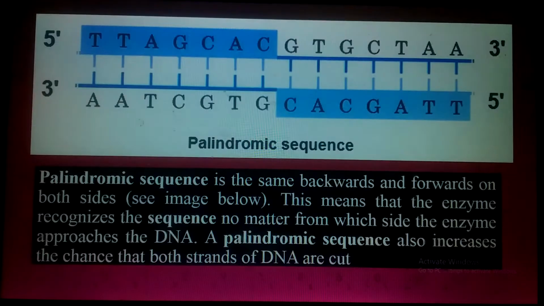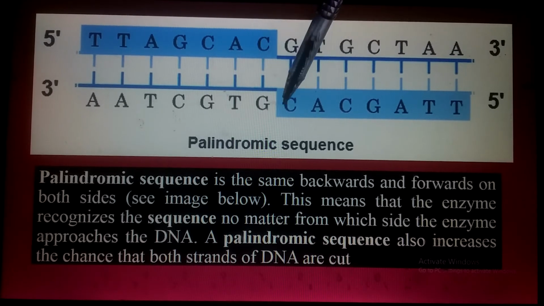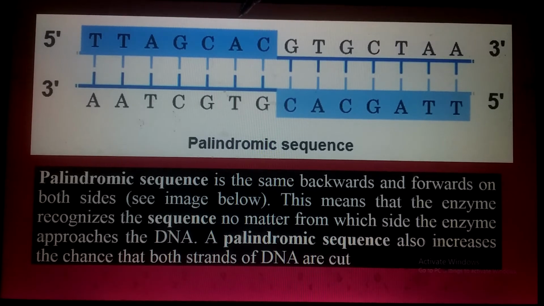Now I'm showing you here how I'm giving you the clear concept of the palindromic sequence. Now you can say these are the two complementary strands of the DNA. Like this is a restriction site. If you read from this restriction site, you can see 5 to 3 TTAGCAC.